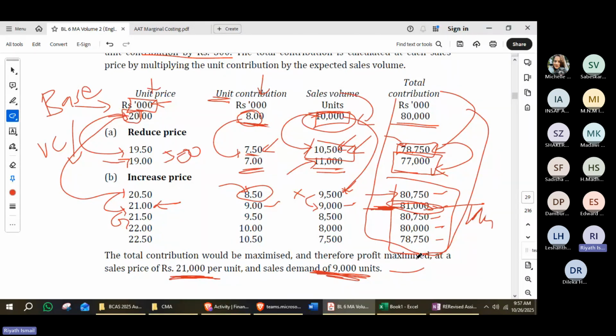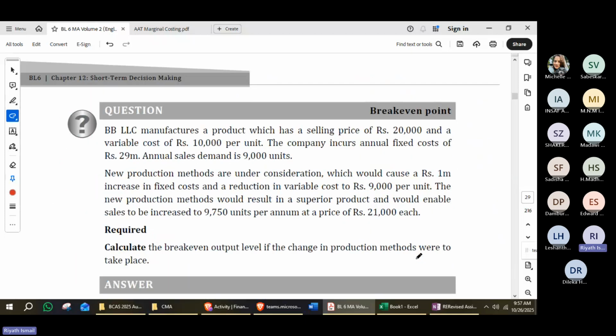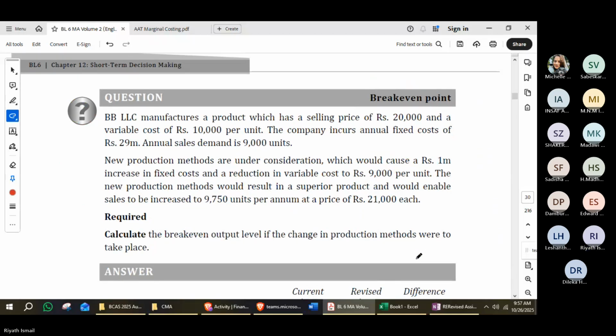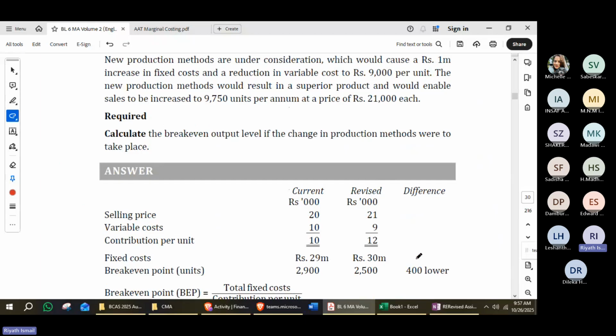When they increase the price, definitely there will be a drop in sales, but profit is comparatively maximized by sacrificing a few customers. So this is the strategic decision, because the company's objective is to maximize their profit, maximize their wealth. Also, you can do it by yourself.